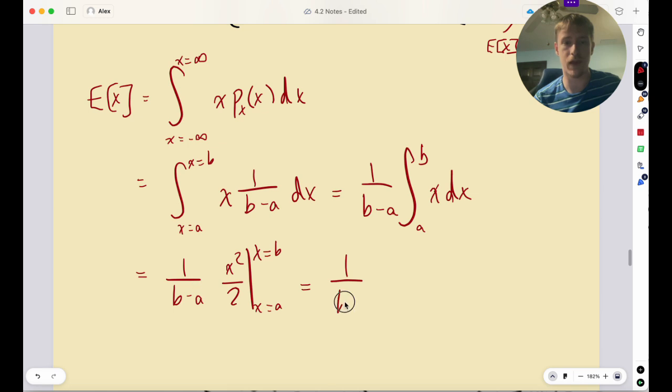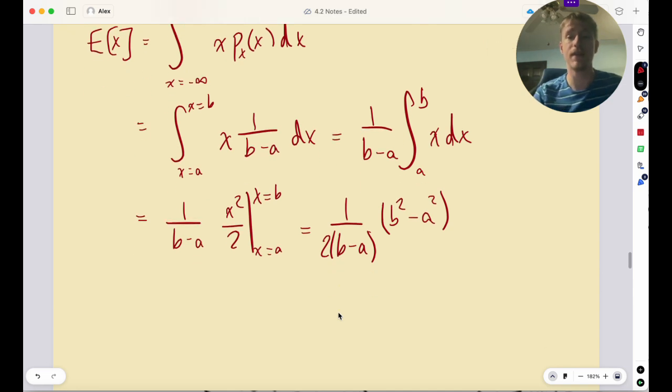Then when I plug in the bounds, this factor of 2 can just come out, and I get b squared minus a squared.